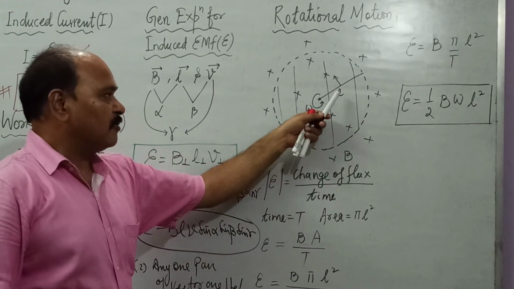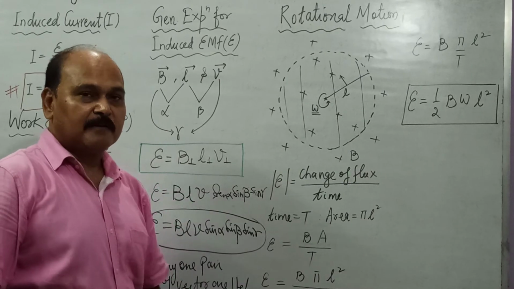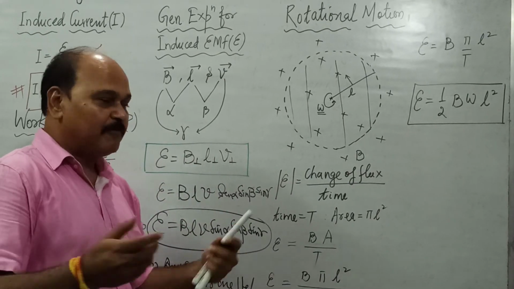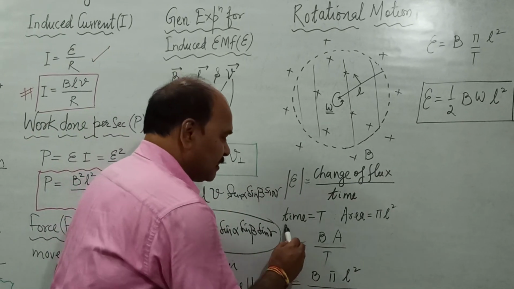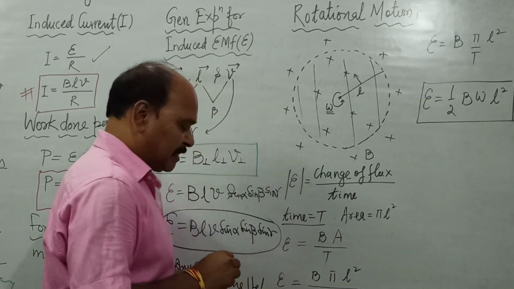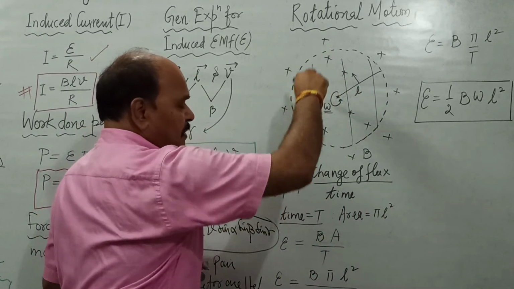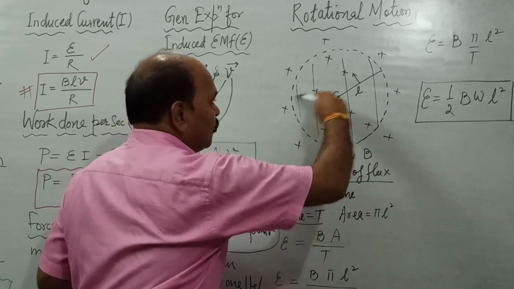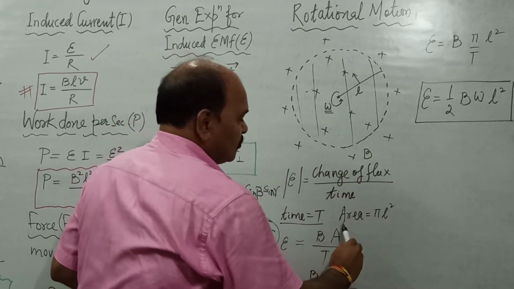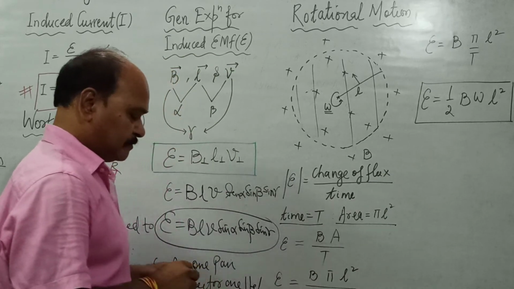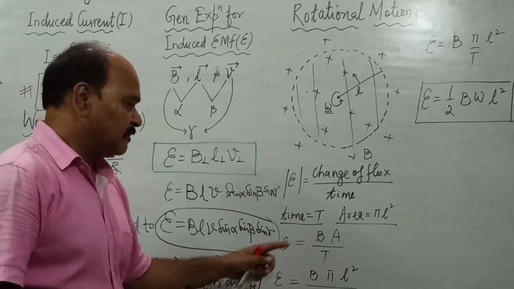Let us say this rod rotates for one complete revolution. The time of one complete revolution is T, and in that time T the rod rotates once and sweeps this whole area, which is pi L square. What is induced EMF? Change of flux upon time.